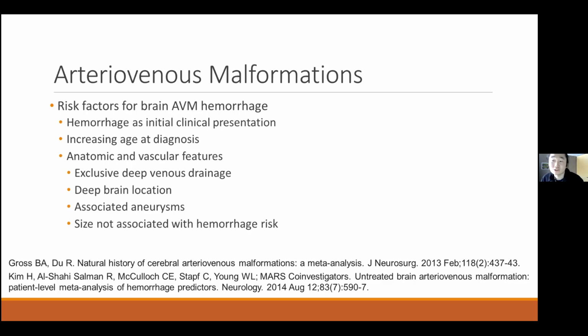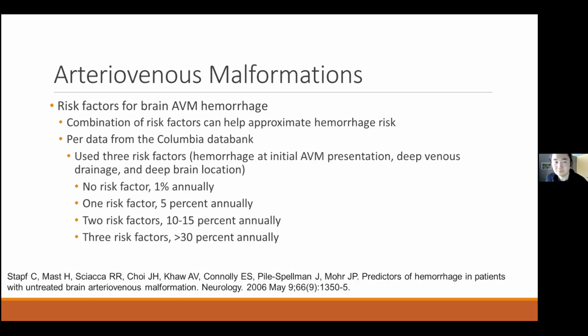And lastly, there are certain structural and angioarchitectural features that might be associated with an increased risk of hemorrhage: exclusively deep venous drainage, a deep brain location, and associated aneurysms. Interestingly and notably, size was not actually associated with hemorrhage risk.